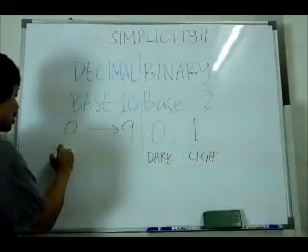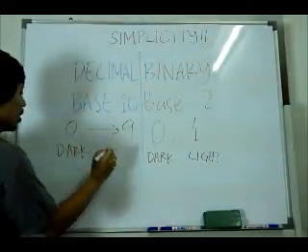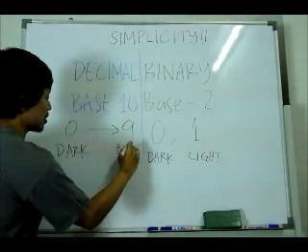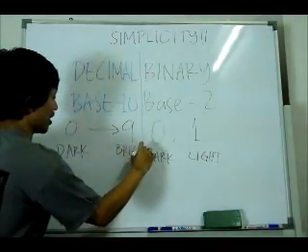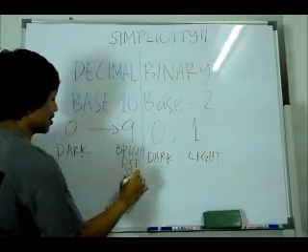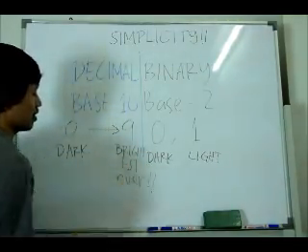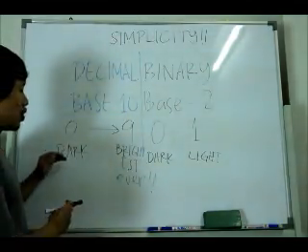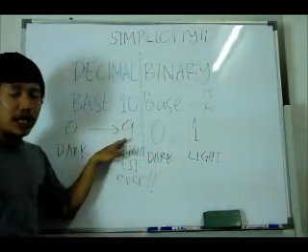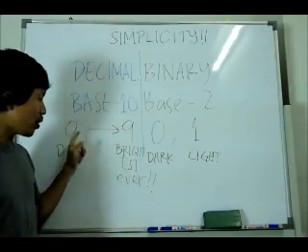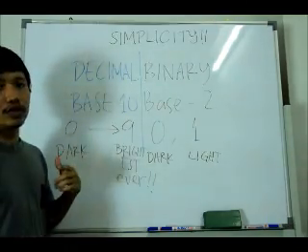So this is dark and this is the brightest ever. If you're using dark and brightest ever for 9, then you will have to figure out a way to represent 2, 3, 4 and so on.